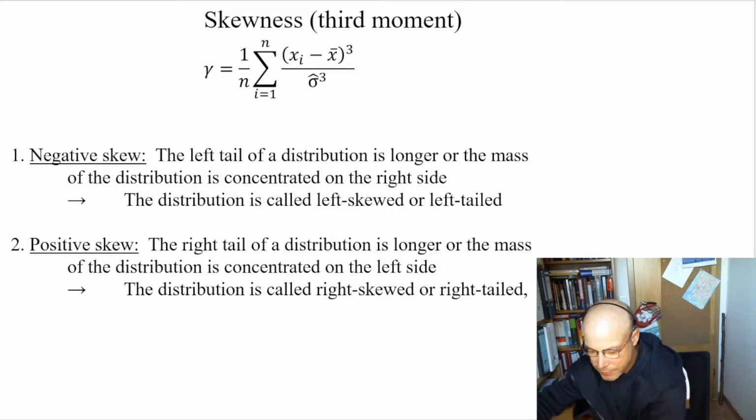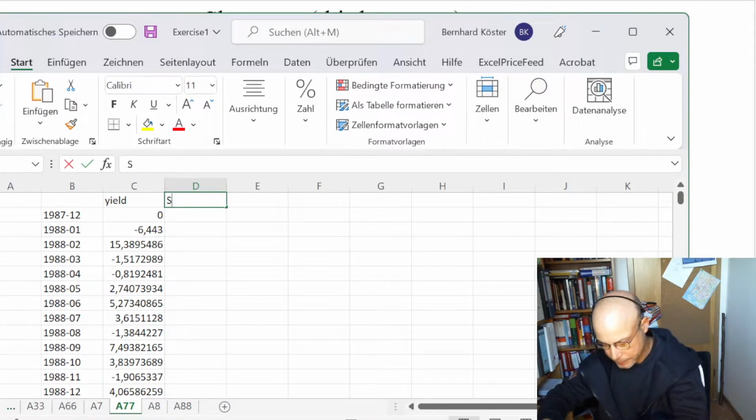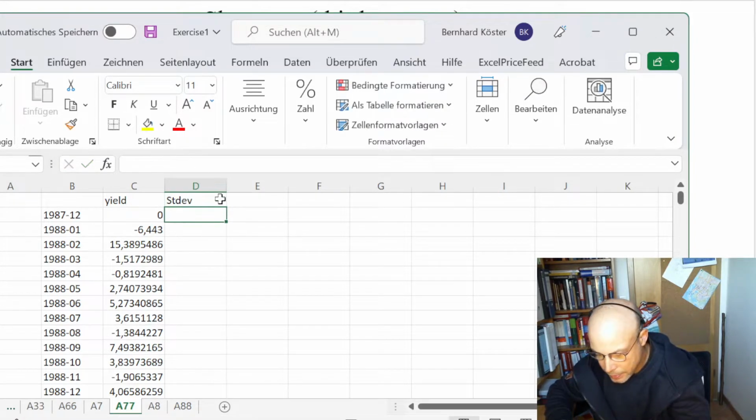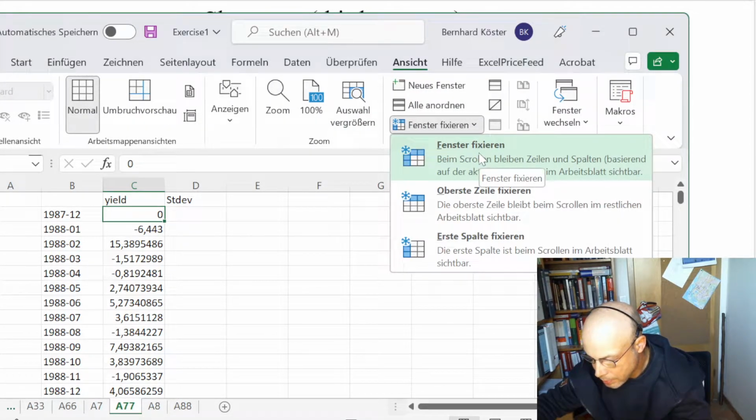So what we need at first is the standard deviation. How do we obtain the standard deviation? Well, at first, of course, we need the average yield.